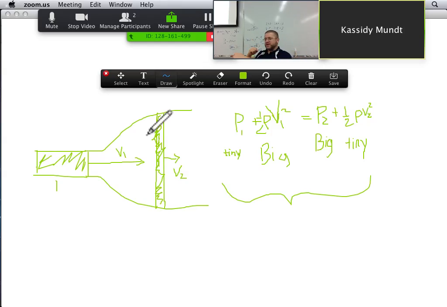They're like punching 1 time per second at whatever they're next to. And when they're next to this little small area here, they're punching 1 time per second. Every little particle in the fluid is punching the wall 1 time per second, but it's moving faster. So they don't get to punch the wall as many times as they're going through this skinny area. But when they get out in this big fat pipe here, they're moving really slowly, so they get to punch the same part of the wall a lot of times before they move on to the next part of the wall, right?